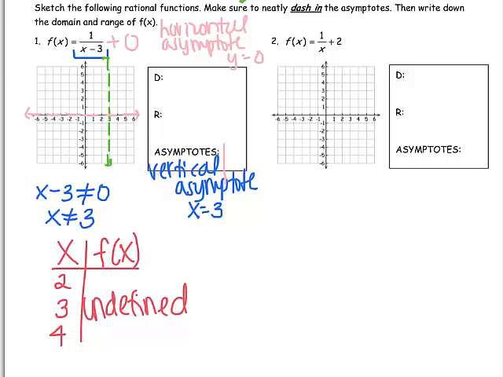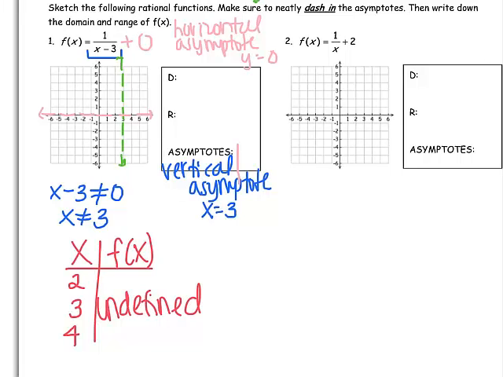If you plug in 2, you're going to get 1 over 2 minus 3. Now 2 minus 3 on the bottom is -1, and 1 divided by -1 is -1. If you plug in 4, you're going to get 1 over 4 minus 3, which gives you 1. So now I have a point at (2, -1) and (4, 1).